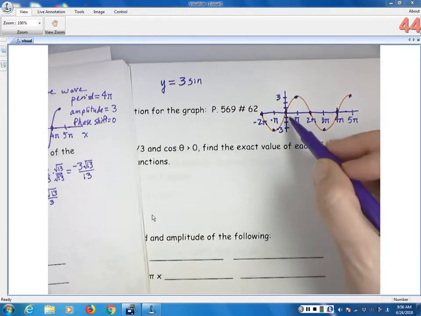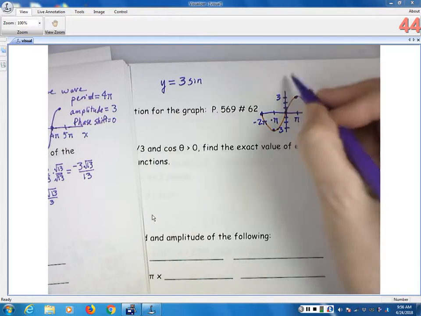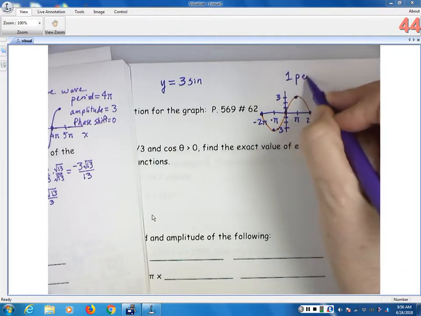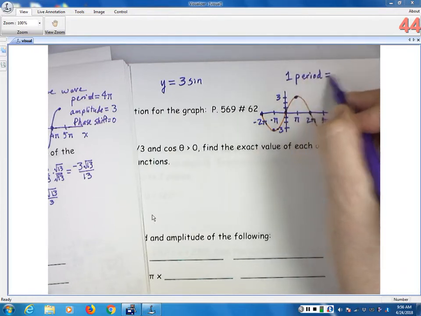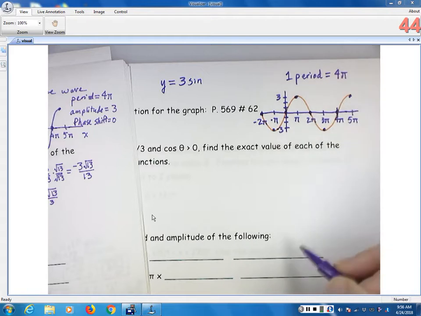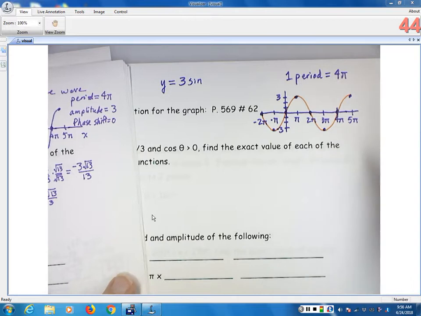Okay, and 1 period for this thing equals 4 pi. So we have to solve for B. We have a period of 4 pi, the amplitude is 3, A is 3, phase shift 0.